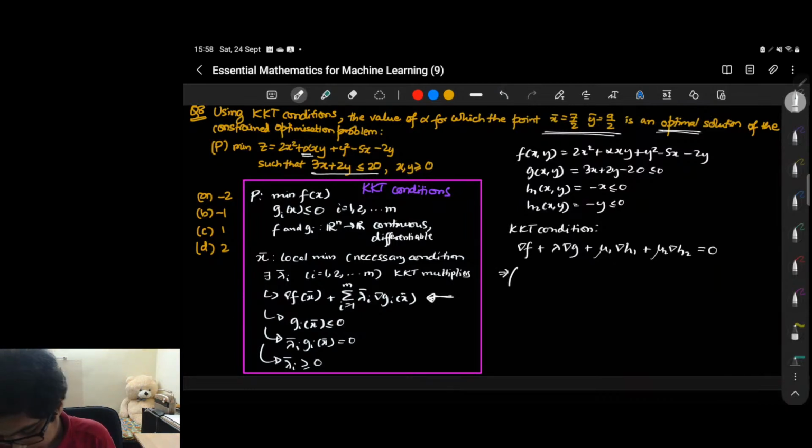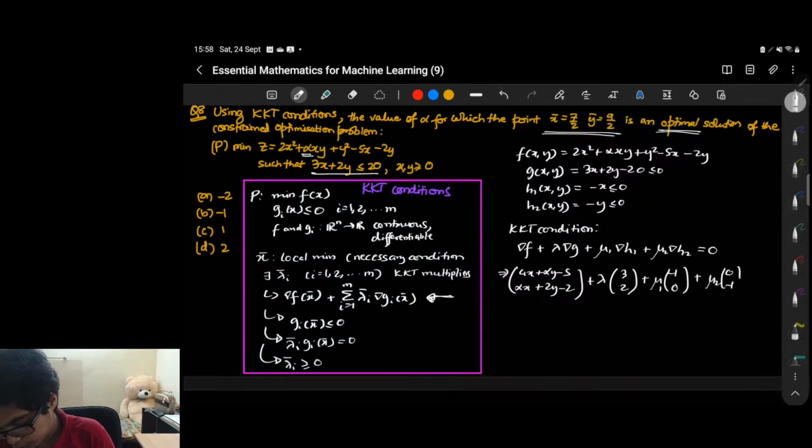So this means this is gradient of F, this is gradient of G, this is gradient of H1 and gradient of H2. So we get two equations from here. First one and then the second one.